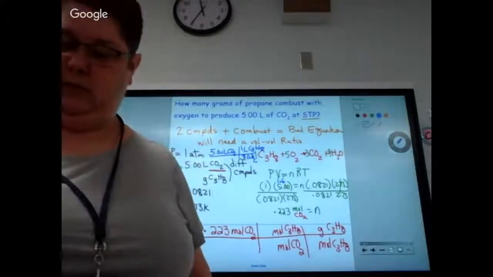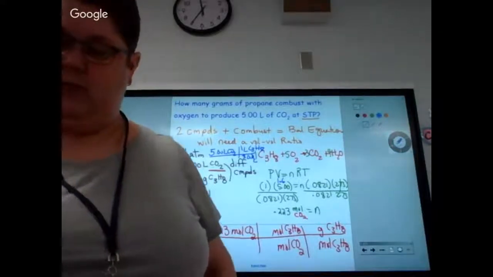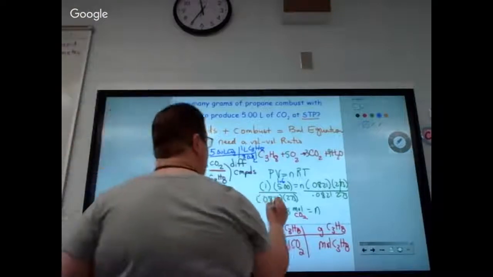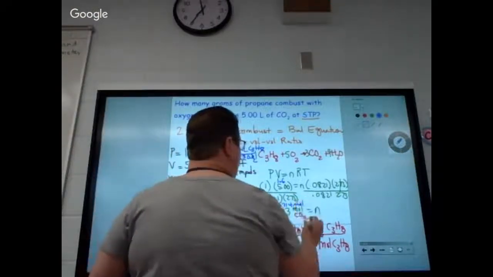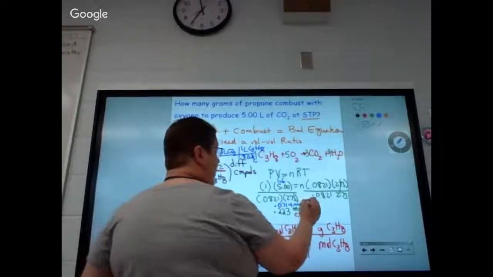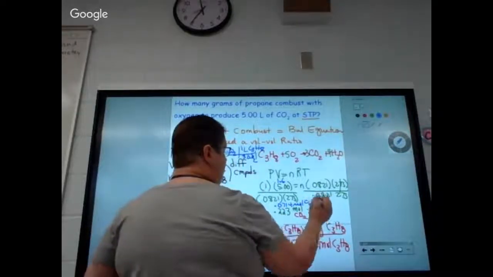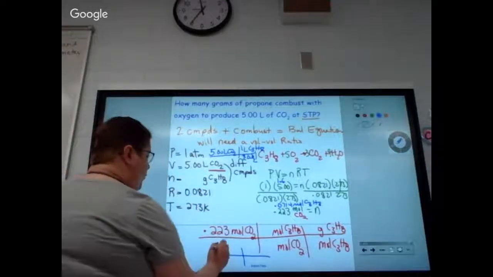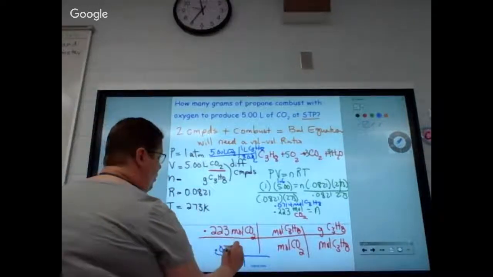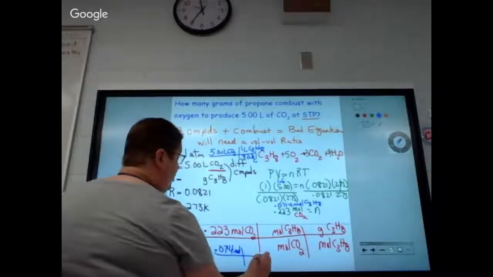So, I'd have had 0.0714 moles of, instead of having CO2, I'd have had C3H8 here. And then I could just do a 2-step chart and go from 0.0714 moles, moles to grams.